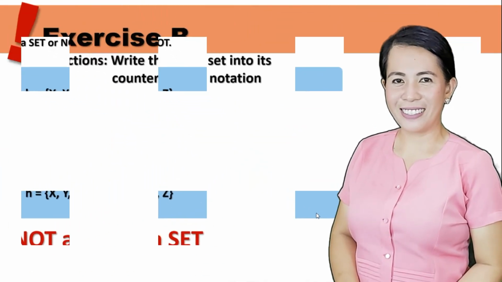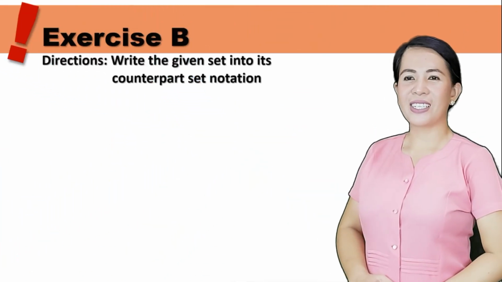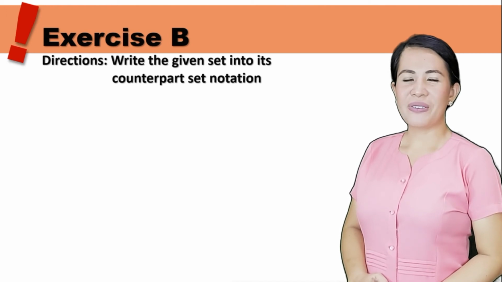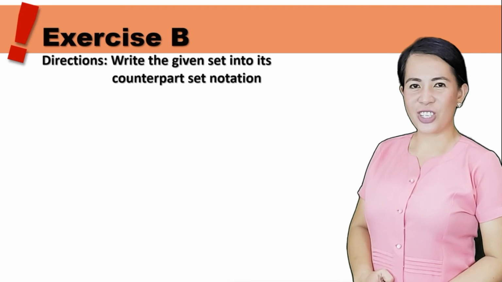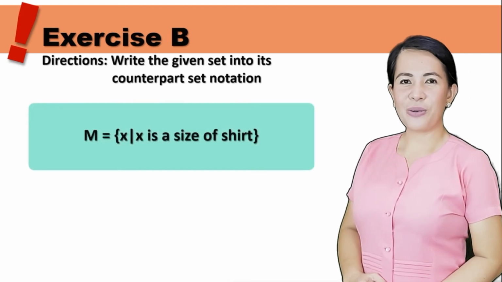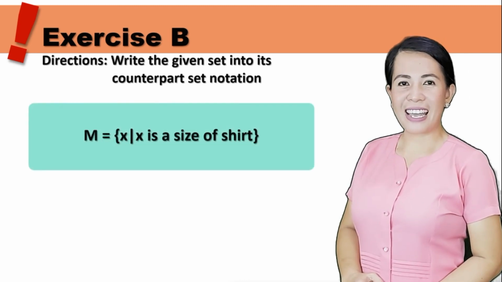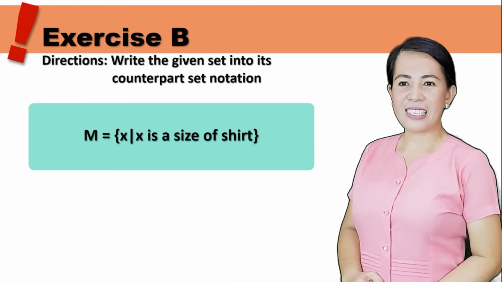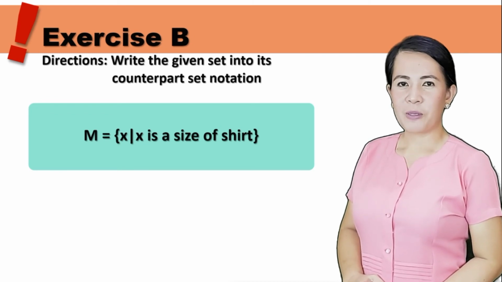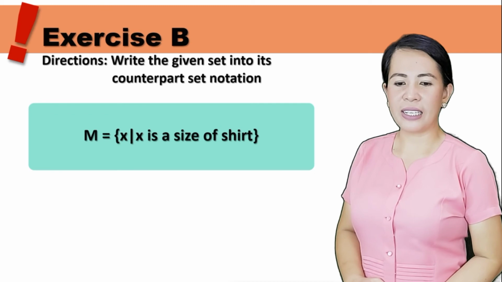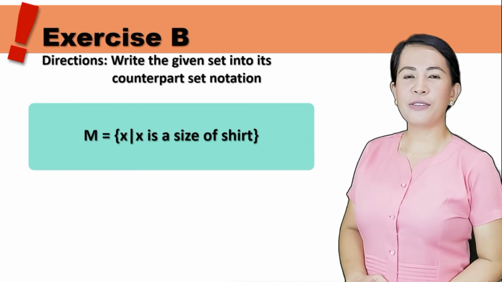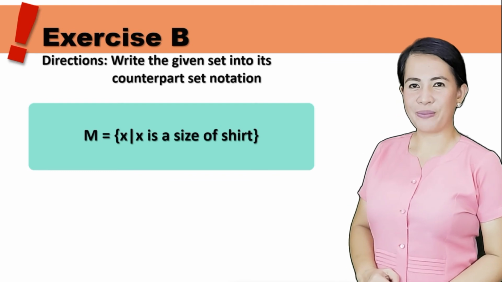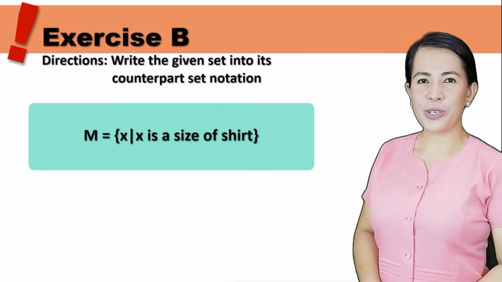Exercise B. Directions. Write the given set into its counterpart set notation. M is equal to the set that contains X such that X is the size of shirt. This one is written in a rule or set builder form, so you have to write its roster form. So what are the sizes of shirt?